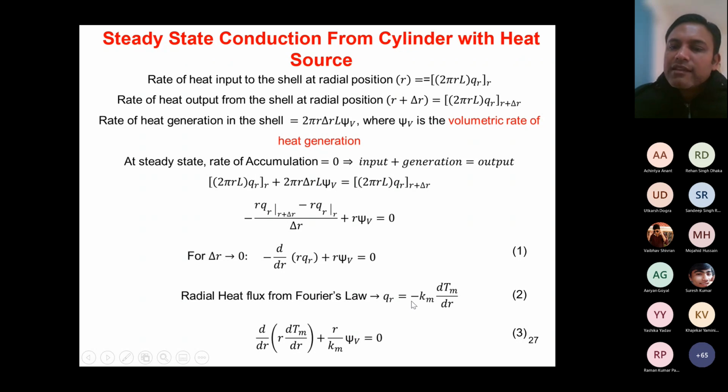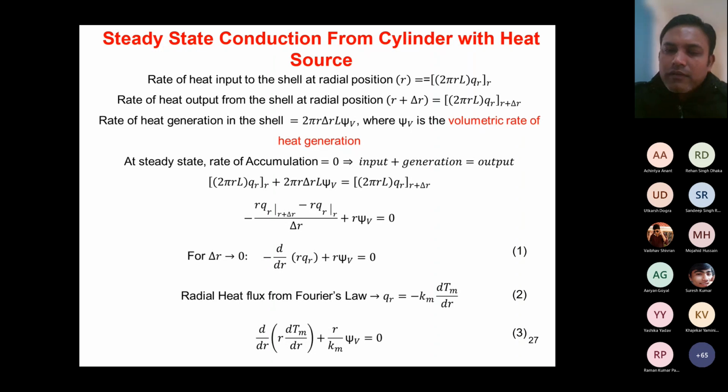So since k_m is not a function of temperature, the constant term I can take out. What we get is d by dr of R dT_m by dr plus R by k_m psi V equals 0. So are you all able to follow what we have done so far till equation number 3? Is it clear to everyone?